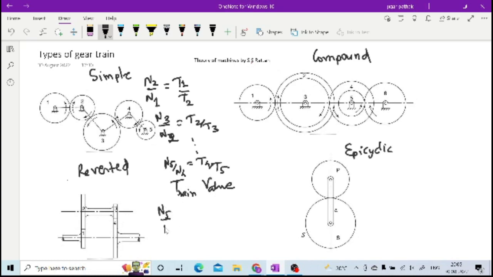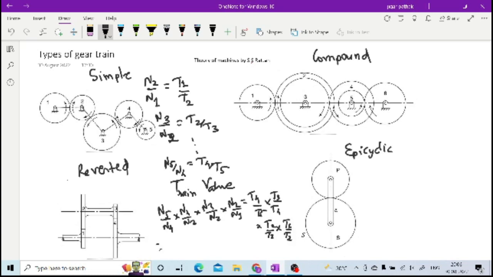So you can start with N5 by N4, then N4 by N3, then N3 by N2, then N2 by N1, equal to again T4 by T5, then T3 by T4, T2 by T3, then T1 by T2, like that.